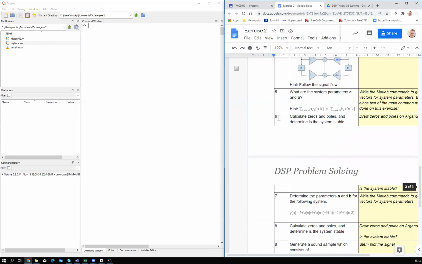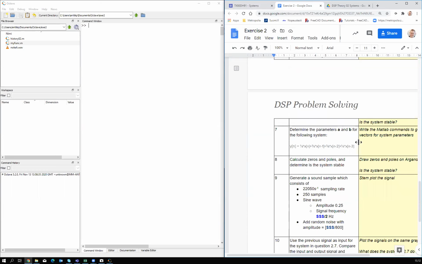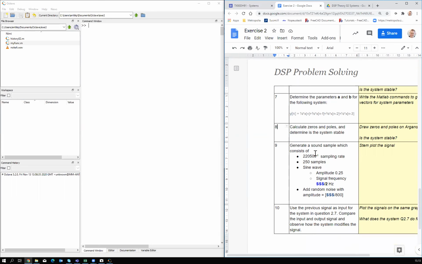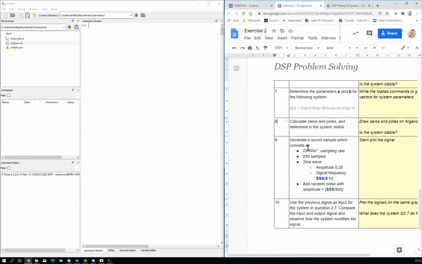and then on the 6th exercise, calculating the zeros and poles, then determining parameters A and B for this system here, then calculating the zeros and poles again, then generating a sound sample which has some properties.